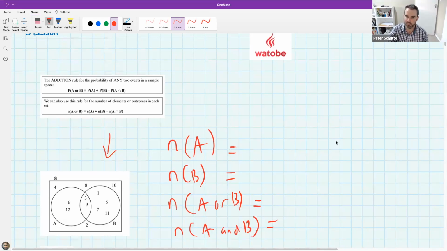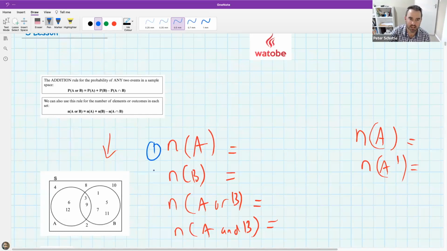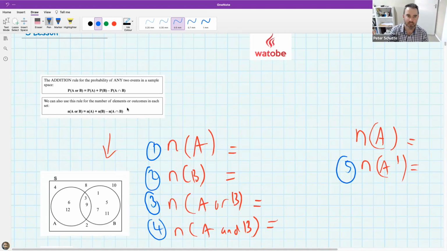And can you also find me the n of A and the n of A dash? So we'll call them question 1, 2, 3, 4. Okay, that's the same one. We've done it, and we'll call that 5. See if you can look at the Venn diagram and work out what those things are.